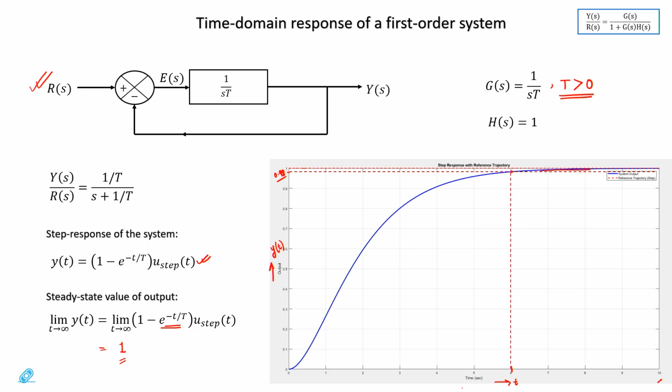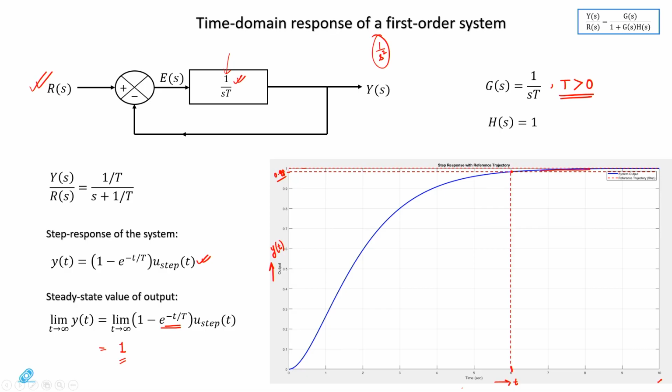Now of course this is a design thing. How much of a band you can allow depends on what type of application you are working with. Someone might allow 95%. For example, although the example of a drone does not fit in here, you know that at least in case of the z direction, we have seen that the transfer function is 1 by s square. So it is not a first order system.